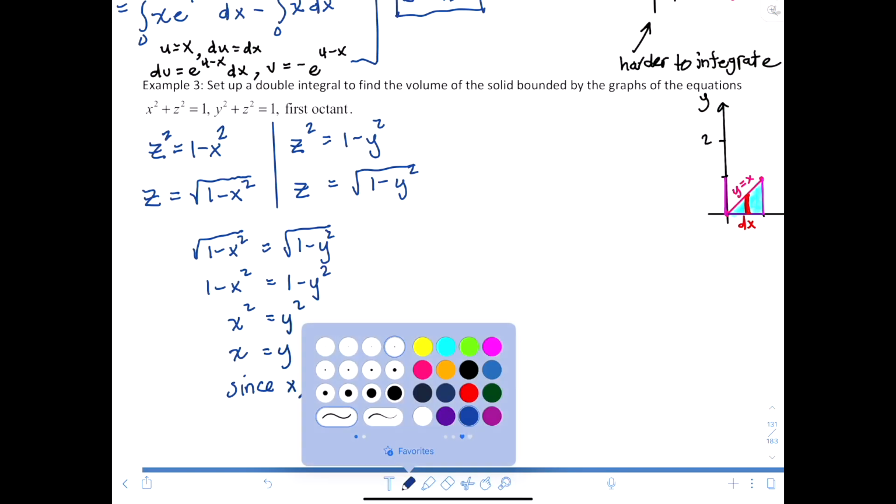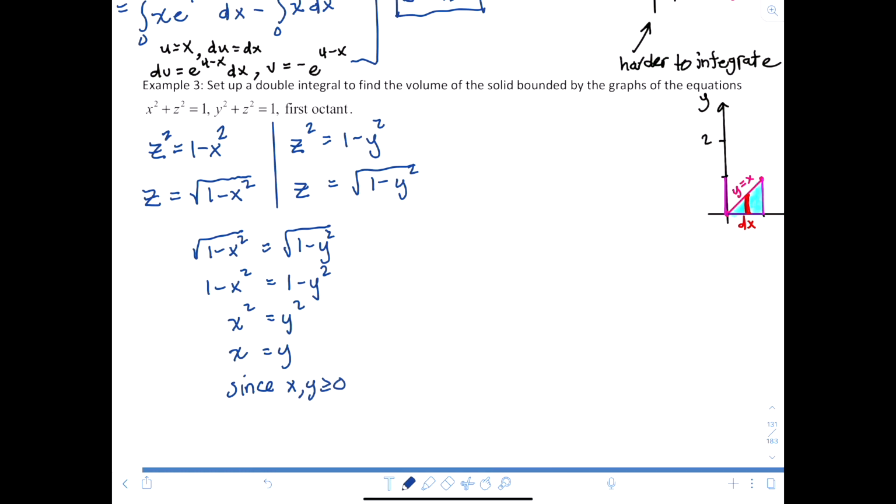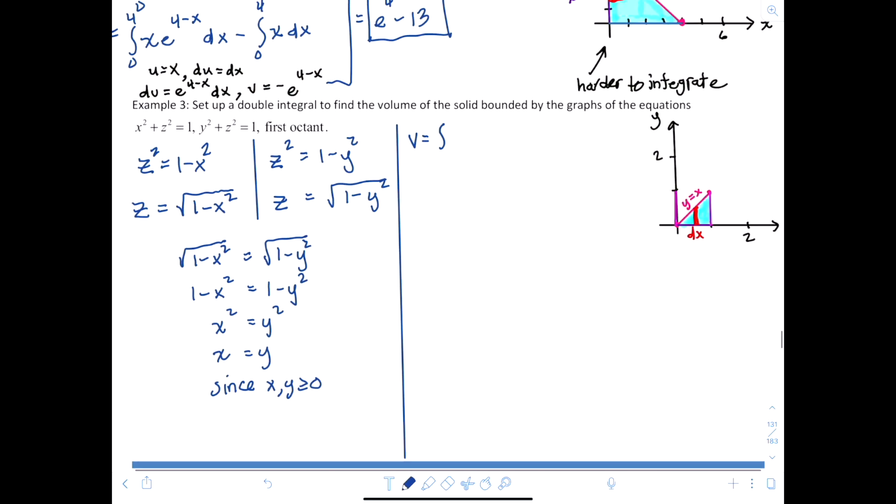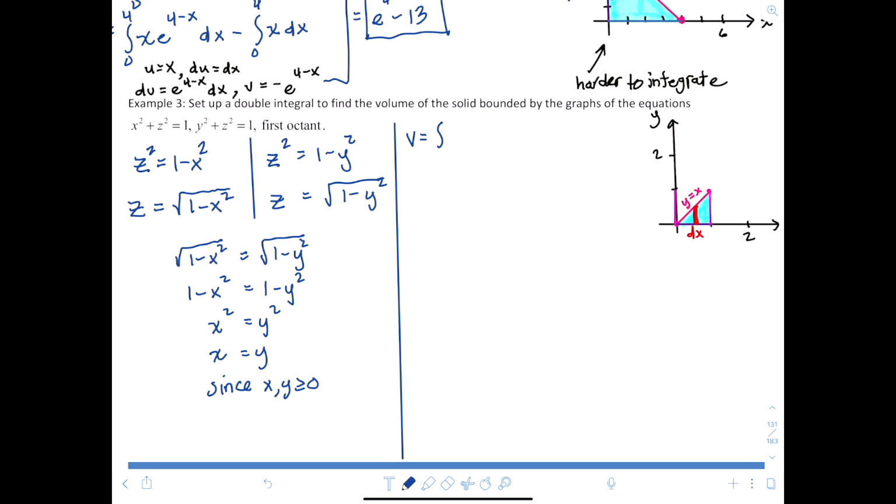So now let's check out our integral. Our volume would be the integral from 0 to 1 and 0 to x. Since z is equal to both root 1 minus x squared and root 1 minus y squared, we pick which one to use.